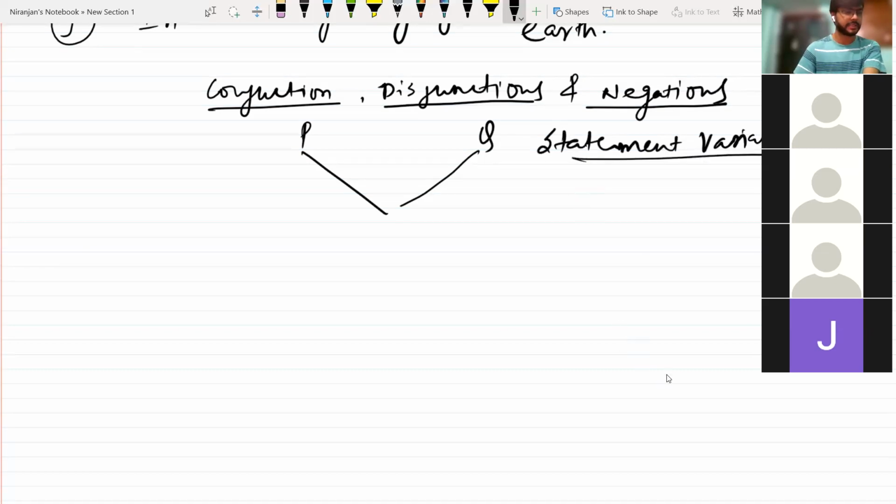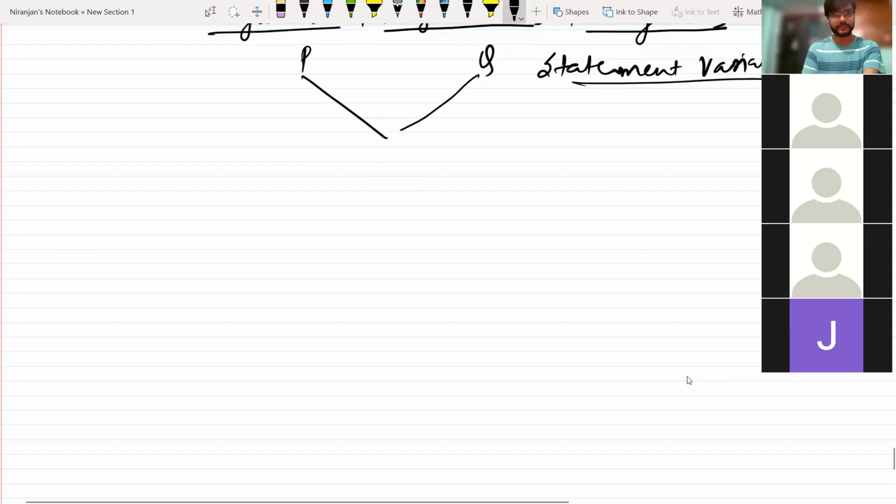P and Q are statement variables, okay, and these two are different statements.